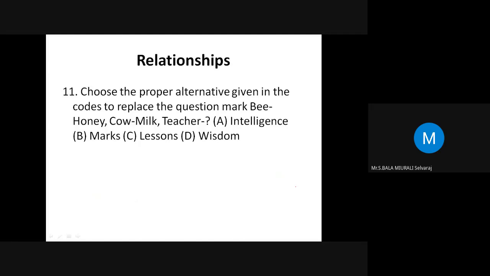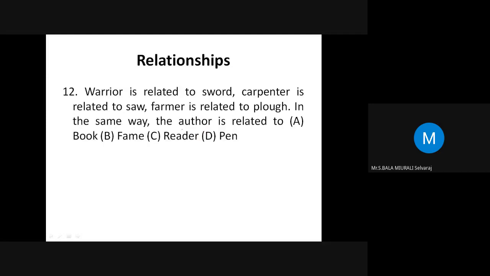Relationship. Bee, honey; cow, milk; teacher, wisdom. Wisdom, sir. Good. Any difference of opinion? No. Warrior, sword; author, dash.